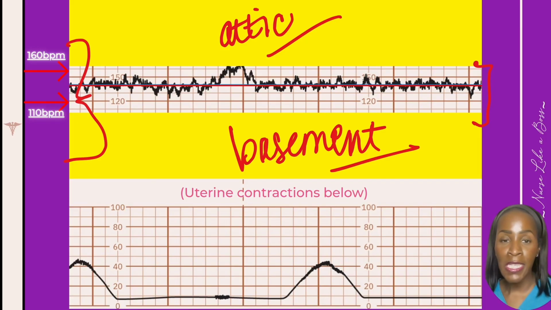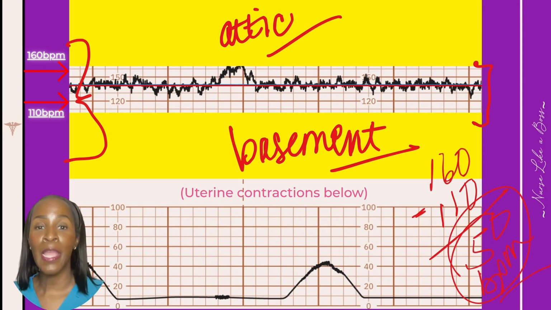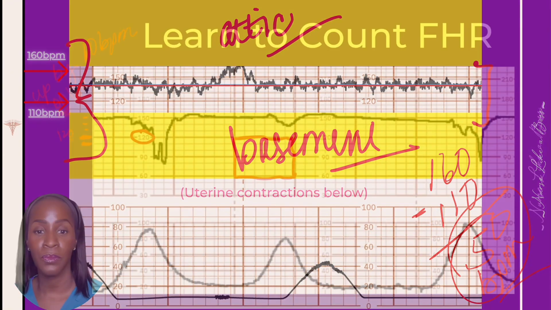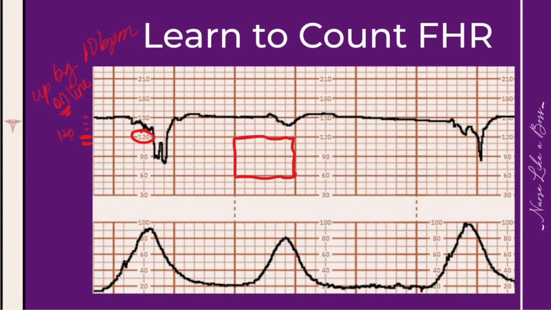Anything above 160 is in the attic, and anything below 110 is the basement. We don't like it outside of those parameters, okay? We want to stay in the main part of the house. So that's that parameter right there. You really only have about 50 beats per minute to work with when you're talking about a normal fetal heart rate baseline. So let's dive into learning how to actually obtain the fetal heart rate.